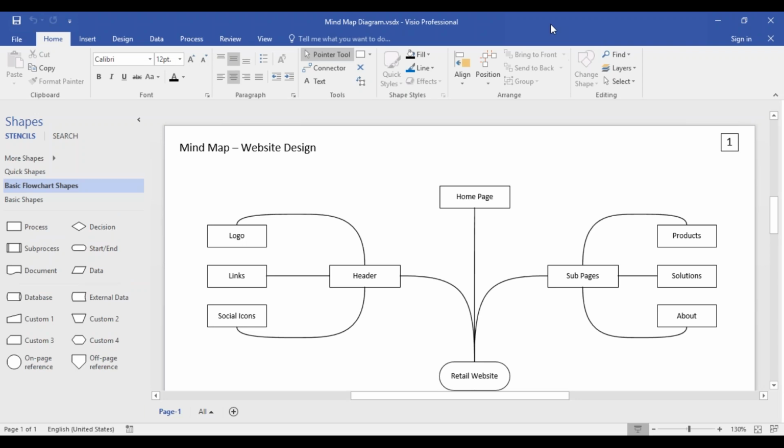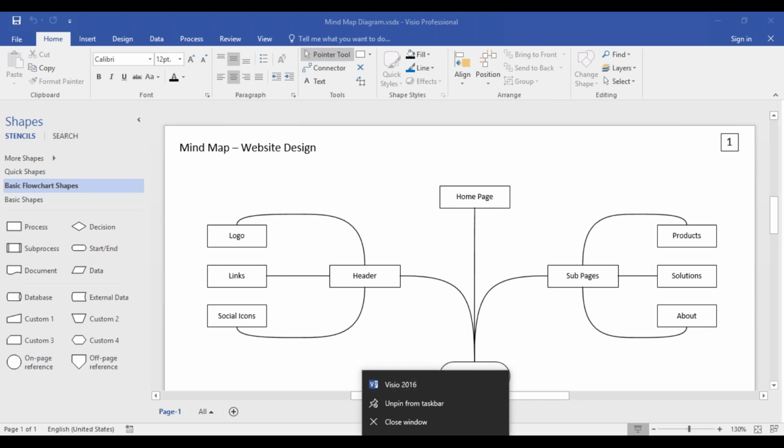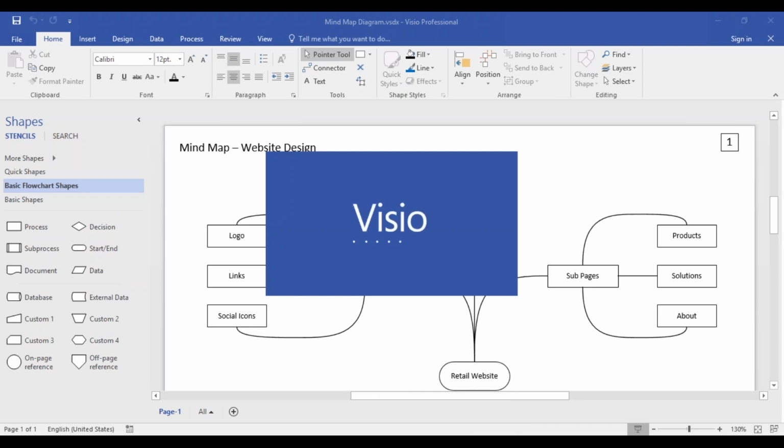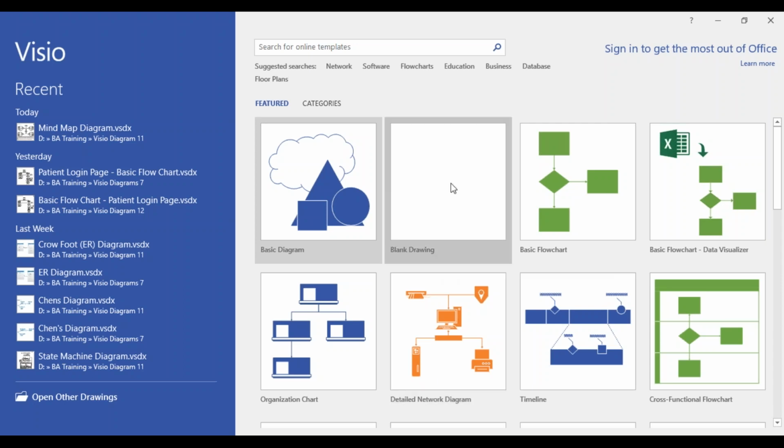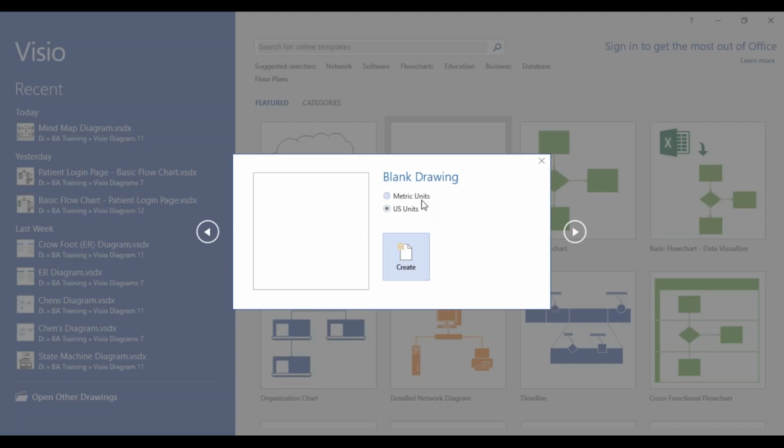When I say open an instance of Visio, right click on your Visio installation icon, and select Visio 2016 or whichever version you have installed. As always, click on blank drawing. Click on metric units. Click on create.